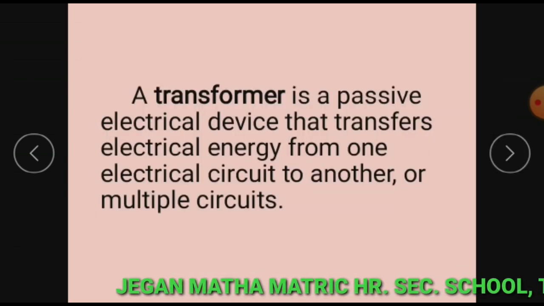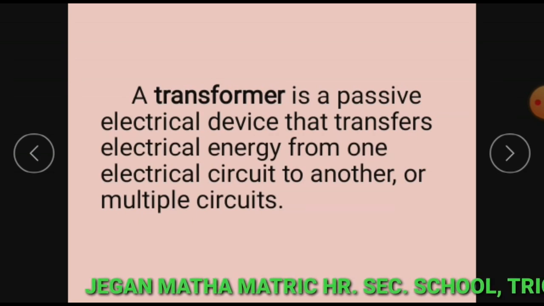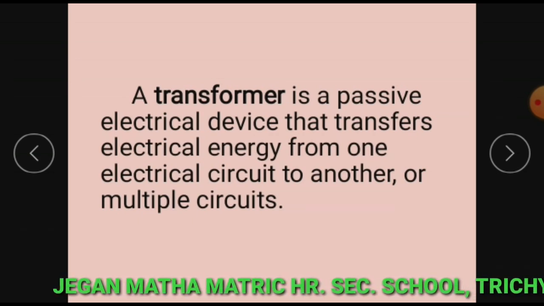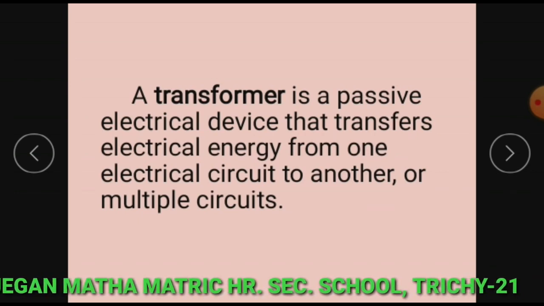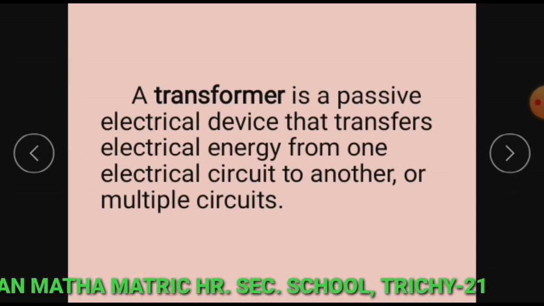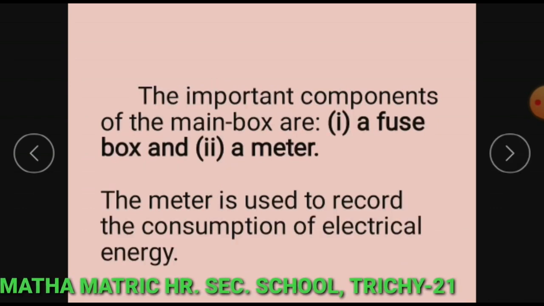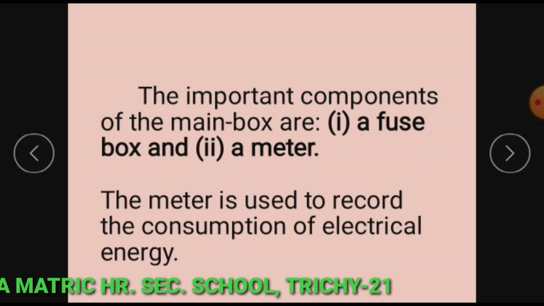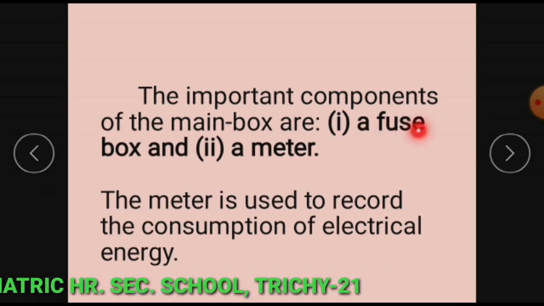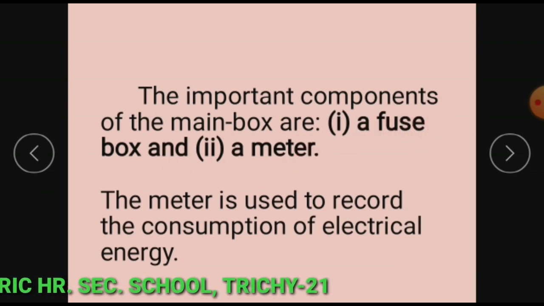A transformer is a passive electrical device that transfers electrical energy from one electrical circuit to another or multiple circuits. The important components of the main box are a fuse box and a meter box.